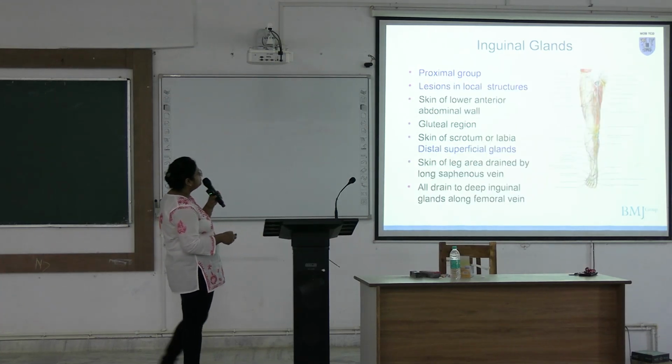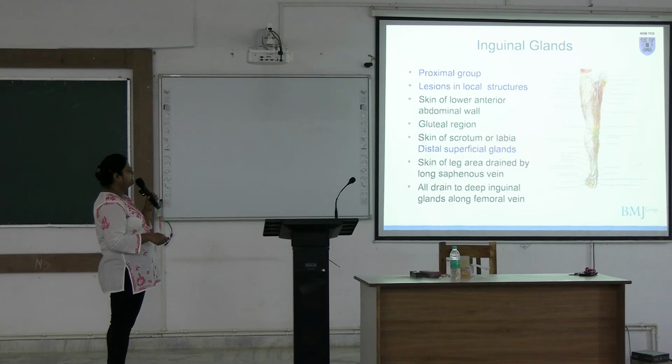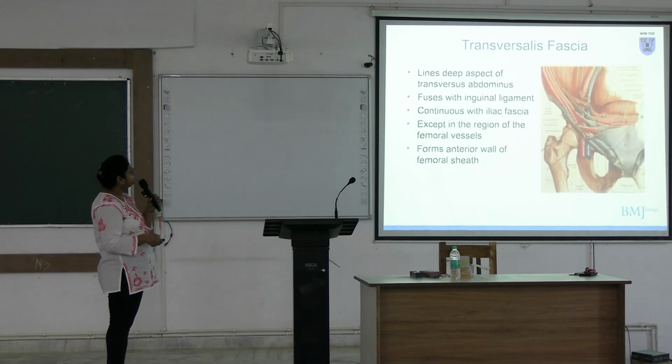The proximal group drains lesions in the local structures like skin of the lower anterior abdominal wall, gluteal region, skin of scrotum or labia. These lymph nodes are enlarged. Distal superficial glands drain the skin of the leg, drained by the long saphenous vein, and all drain to the deep inguinal glands along the femoral vein.